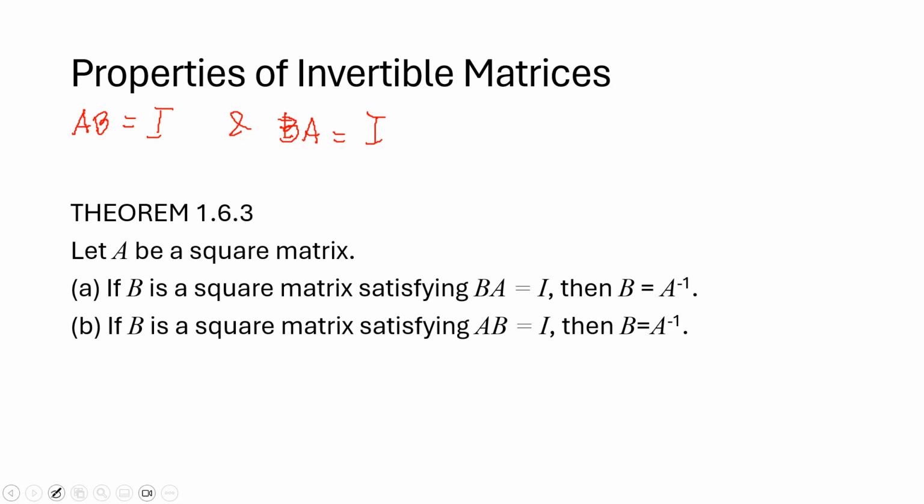So let A be a square matrix. If B is a matrix satisfying BA is equal to I, then B is equal to the inverse of A. And if B is a square matrix satisfying AB is equal to I, then B is again the inverse of A.